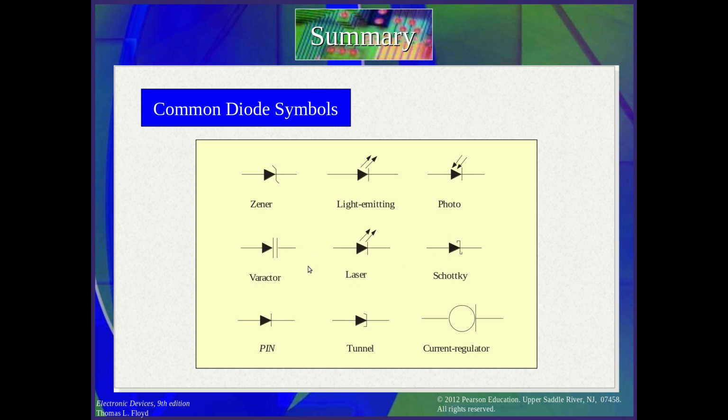We use these symbols in circuit simulator software and electronics, as you draw the electronic devices in the circuit simulator before you implement your circuit. You should use the diode symbol corresponding to the device that you mean. This is the varactor, as I said, and the other types that I mentioned.